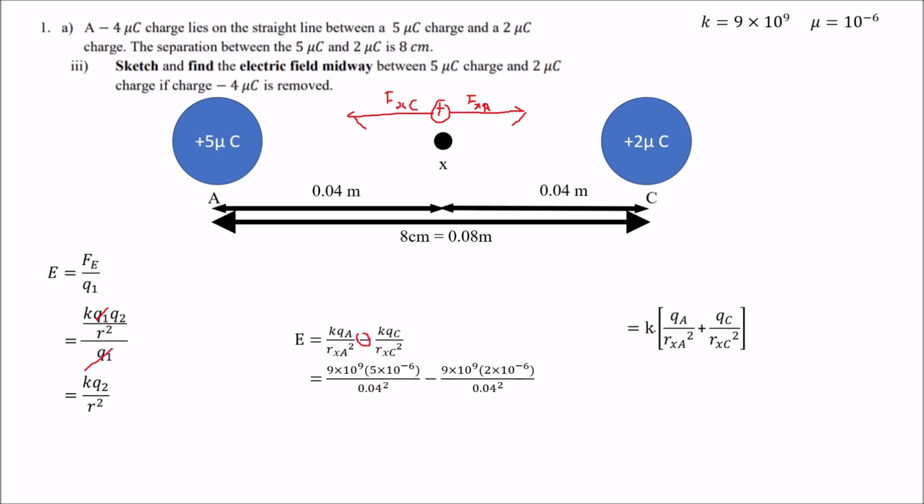Of course, you can also factor out the k from here, so the calculation will be easier. Or even more, since the distance will be the same, 0.04 meter, we can factor out those two and then put the value into the calculator, and you get the final answer. So the unit will be N per C. Actually, we can see over here the equation.